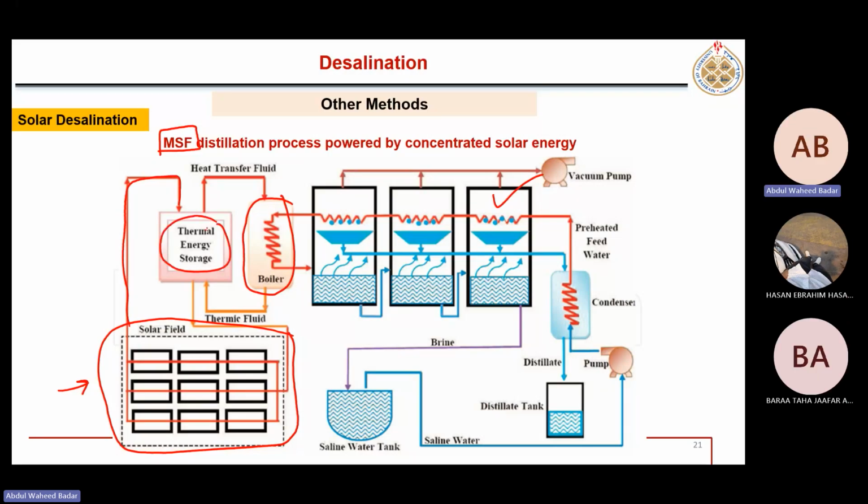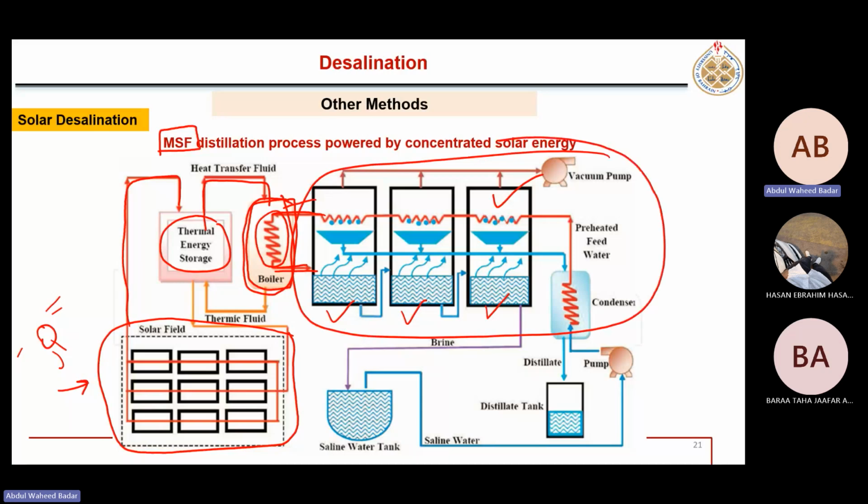Here is the storage, and this high temperature fluid is used here, which is serving as a boiler to produce steam here. Okay. And this is the seawater, which is heated up in that boiler, and then it goes into the flash system, which we already covered. So here we are using solar energy indirectly for a multi-stage flash system, or it can also be used in a multi-effect desalination system, MED system.